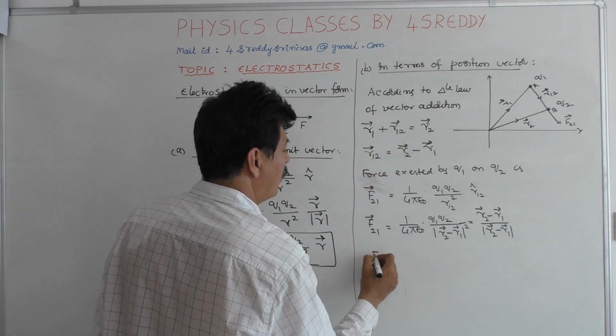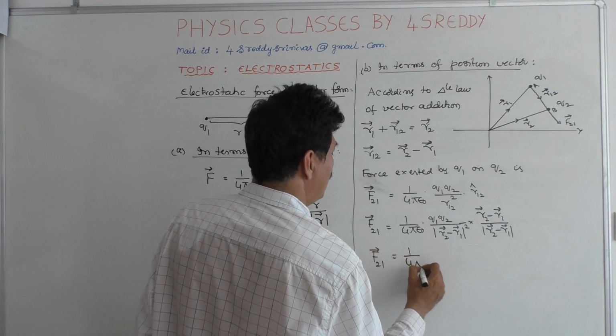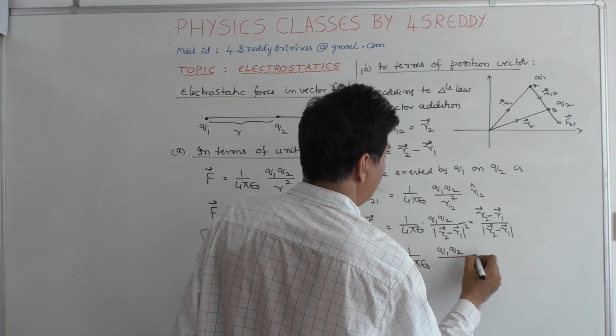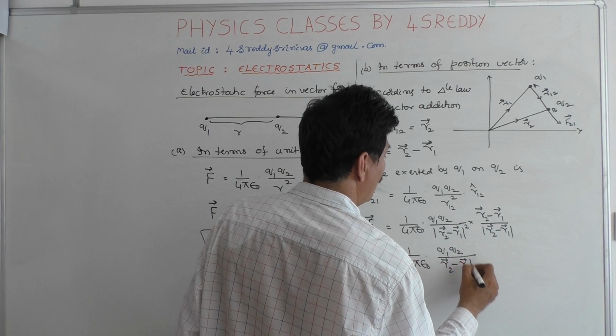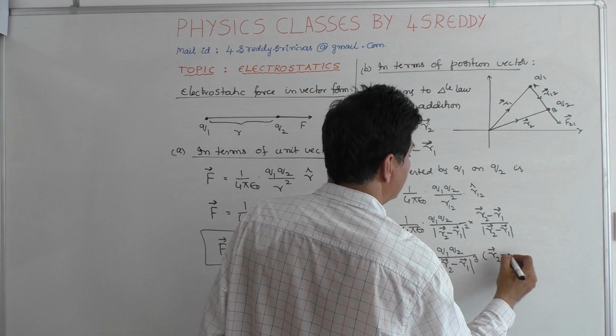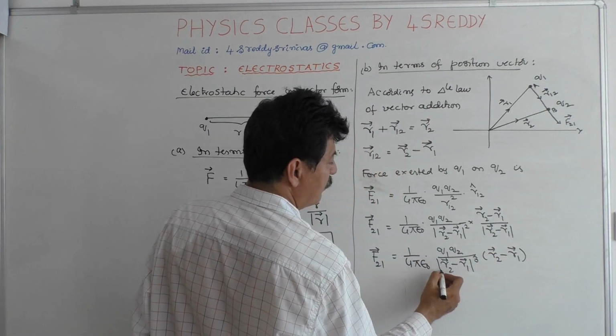Therefore, the force is given by 1 by 4 pi epsilon naught Q1 Q2 by modulus of R2 bar minus R1 bar whole cube into R2 bar minus R1 bar. This represents the magnitude.